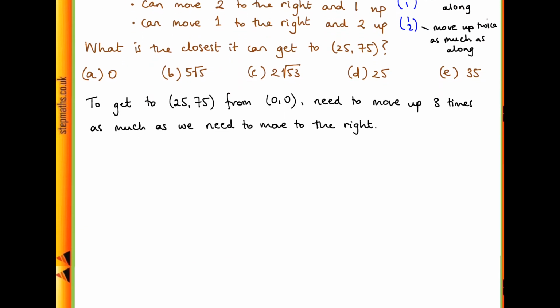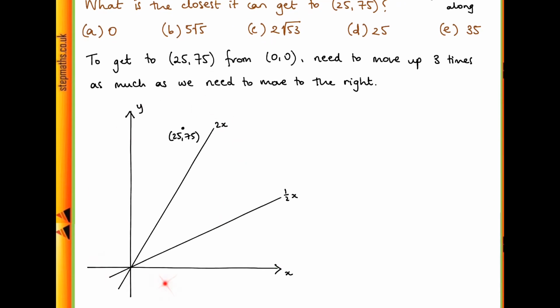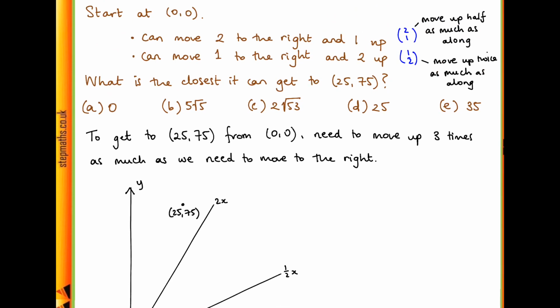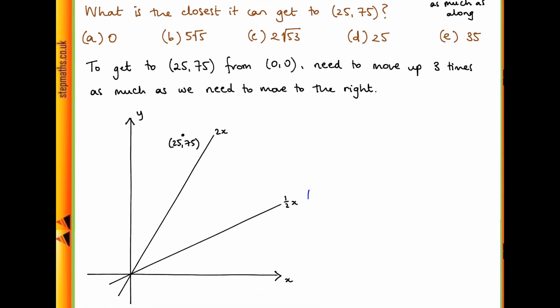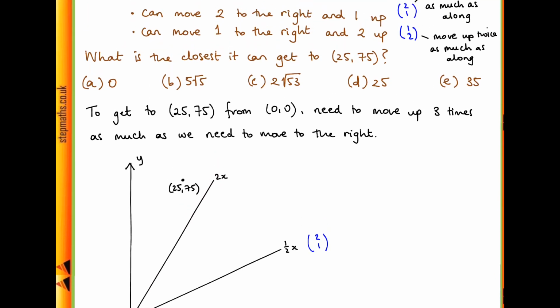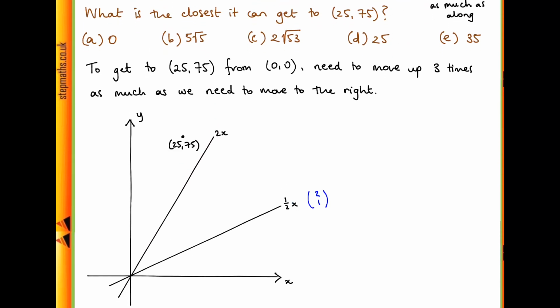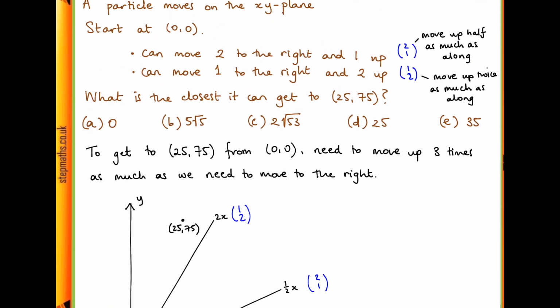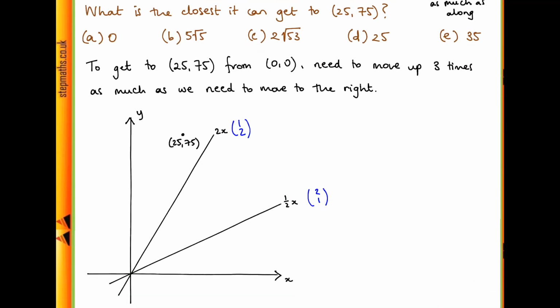The other way to think about it is, if this here is our xy plane, then this line is given by multiples of this top translation (2, 1), and this other line is given by multiples of this bottom translation (1, 2). So if we only use this (2, 1) translation, then we'd end up somewhere along this line.